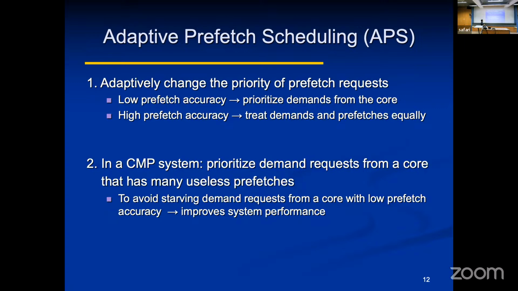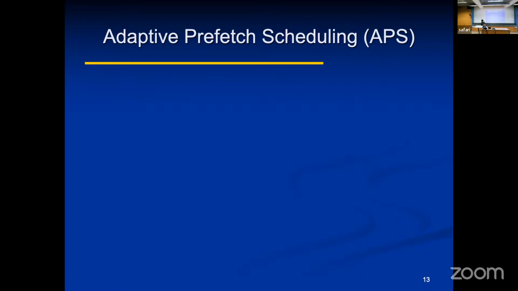So I'm going to repeat the same thing again: in a CMP system, prioritize the demand requests from a core that has many useless prefetches, because for code in which the prefetcher is not working correctly, the demand requests are kind of exposed to the latency, right? So in that case, we are going to prioritize the demand requests from those cores even more.